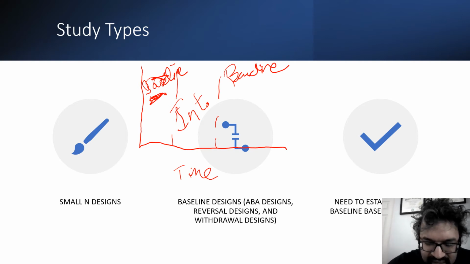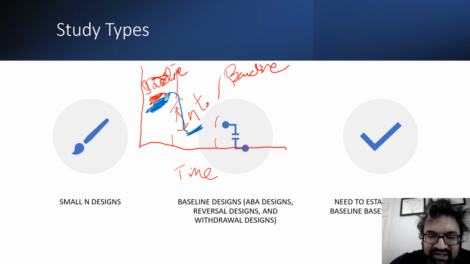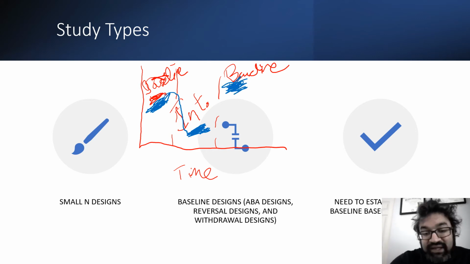So this is baseline, a high rate of smoking, and then after the intervention, you have a decrease, but then when they don't have access to the nicotine patches again, the intervention stops working, and so the rates go back up.